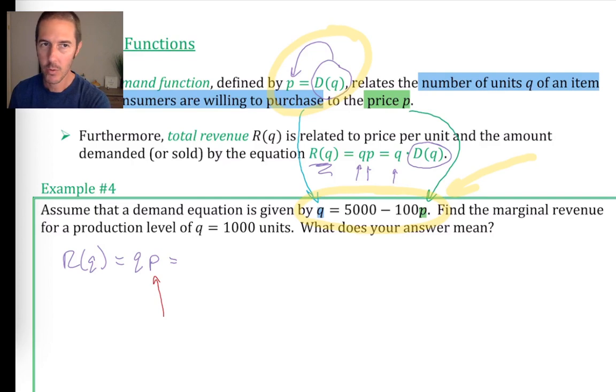I don't know. But we're going to find out because we're going to take this equation and solve it for P. So let's see, how should we... Let's write this as Q times question mark for the moment, okay?